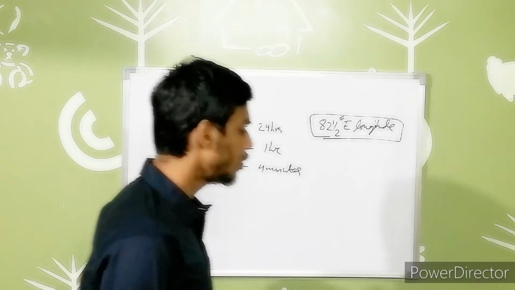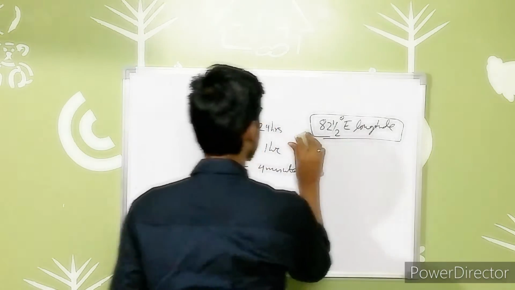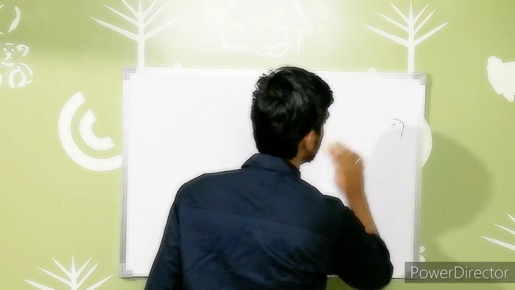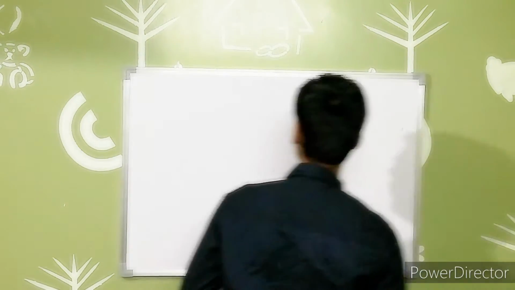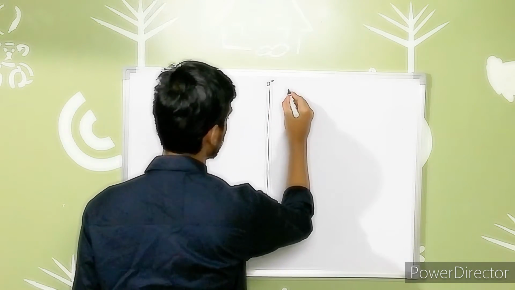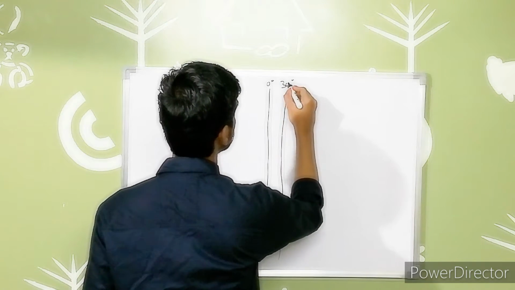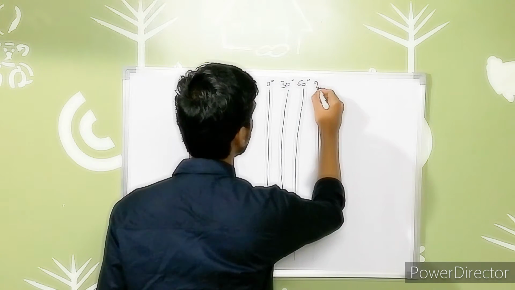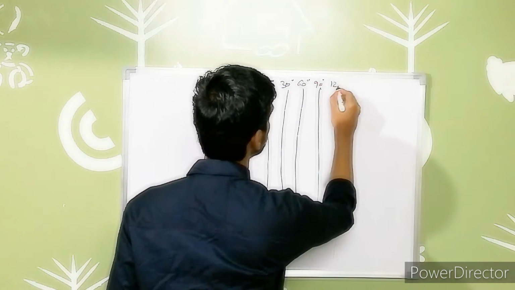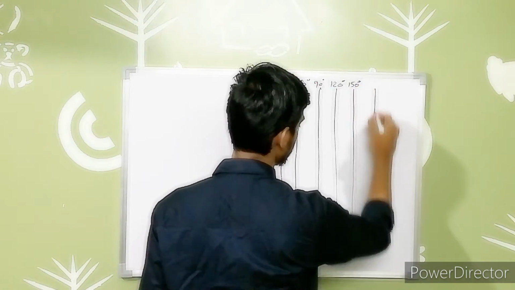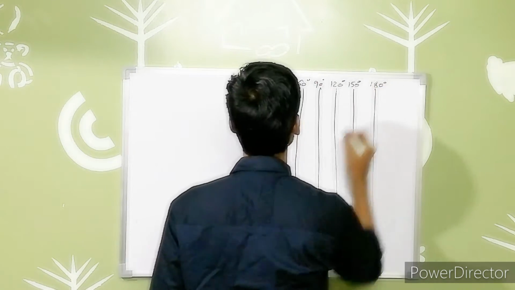So let's look into our problems. As I said earlier, how to calculate the time zones when we are moving from one place to another, right? It's a very important session, calculating the time zones. So 0 degrees, 30, 60, 90, 120, 150 and 180 degrees.